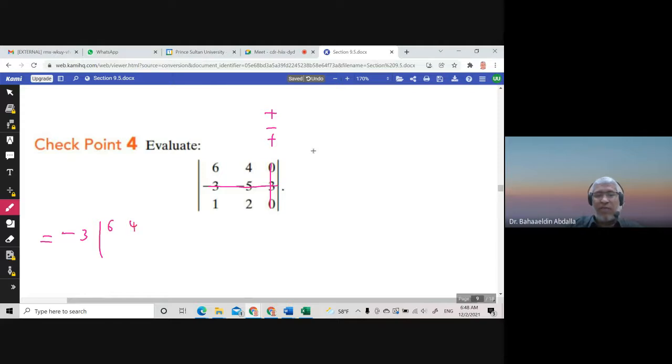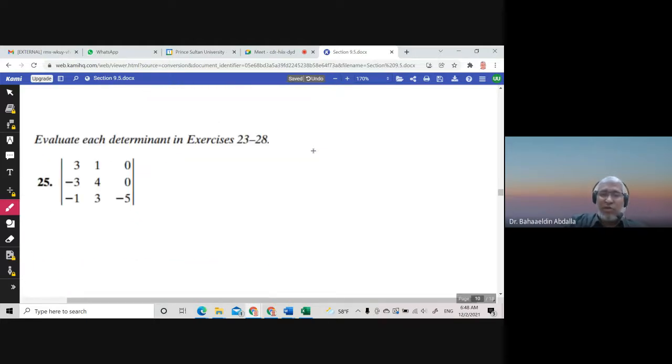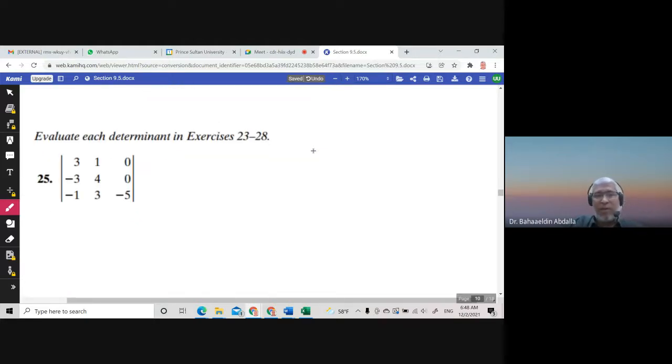I still have 6, 4, 1, and 2. And this is equal to negative 3 times 2 times 6 is 12, minus 4 times 1. 12 minus 4 is 8. Negative 3 times 8 is negative 24. So that's the determinant. You can try this using any other row or any other column. You should get the same answer.